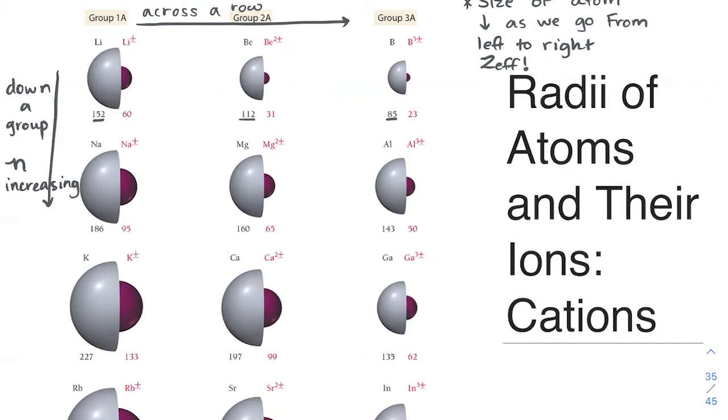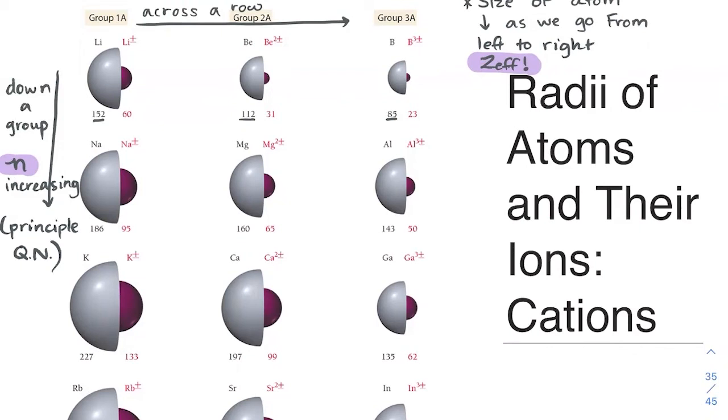And so as n, the principal quantum number, increases, we see the size of the atom increases. We will see this repeated over the course of the next few periodic trends. As we go across the row, Z effective increases, so electrons are held tighter. As we go down a group, the n value, the principal quantum number, is increasing, so electrons are further away from the nucleus.